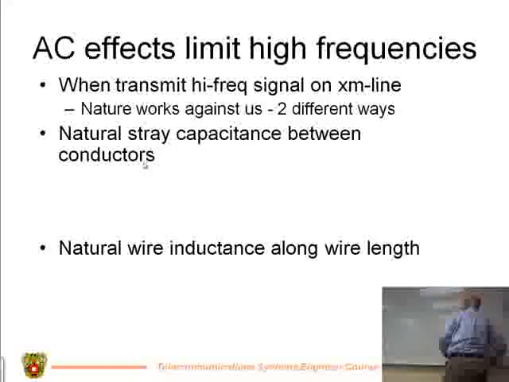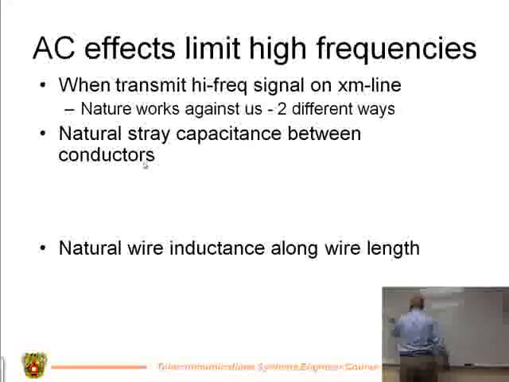So let's look at what we've got when we're sending this thing. So here's our source. Actually, instead of drawing it as source, let me just draw it like a voltage source, okay? So we've got stray capacitance between the conductors. And out here someplace is my load.